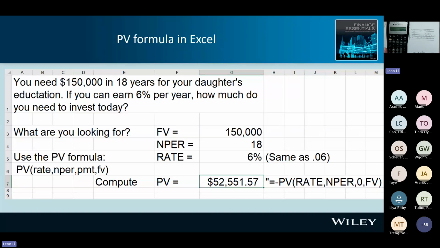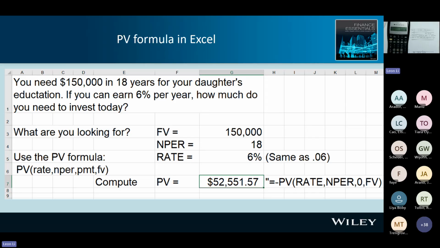The idea is the same, but when you use the financial calculator, please clear the data you entered before. You can see I clear the data I entered before. Then we enter the input variables: 150,000 for the future value, then number of periods, 18 years, 6%.